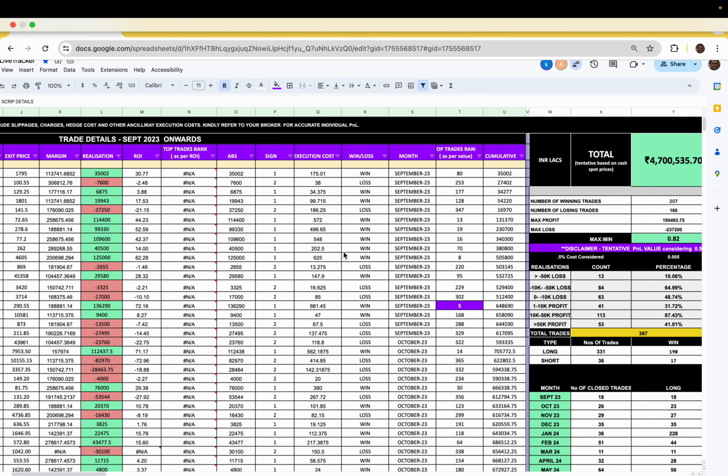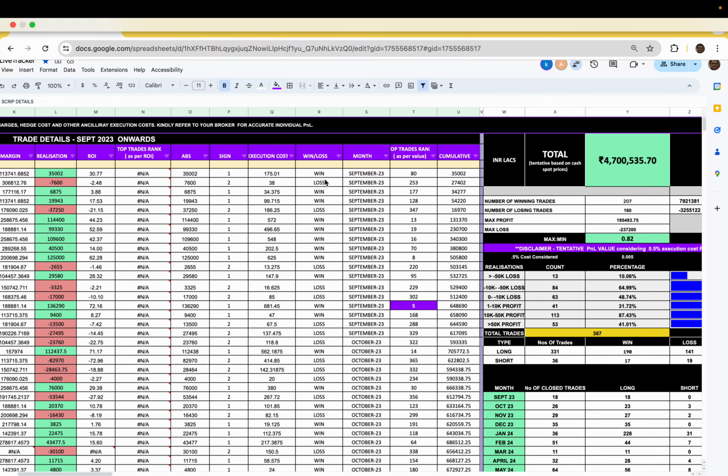Those sort of trades give a good feeling, right? And this top trades rank is presently showing some data error. I think it could not fetch McDowell's data, so that's why it's showing an error, right? And whether it is a win or loss.